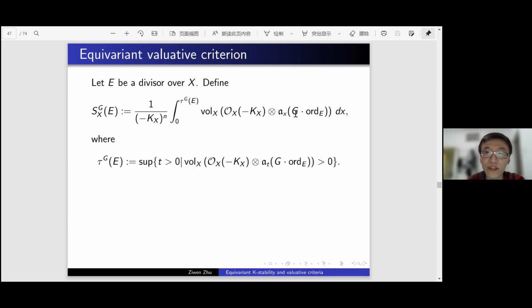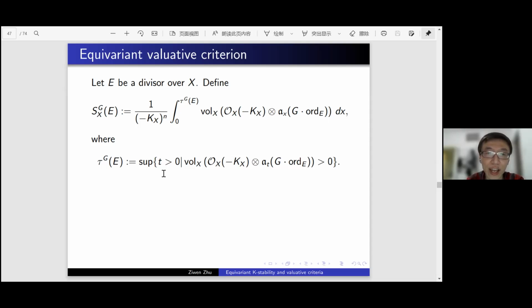We change the valuation coming from the prime divisor E to the pseudo-valuation with the group action G. Originally we looked at the vanishing order along E; now we look at the vanishing order along E with the group action, which is the largest vanishing order over any action of an element of the group.